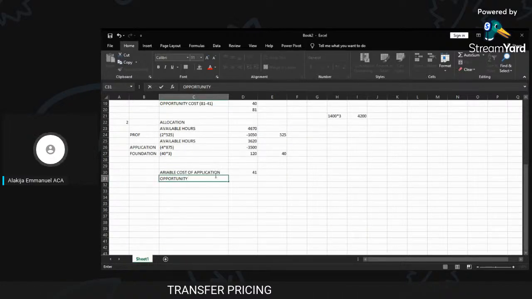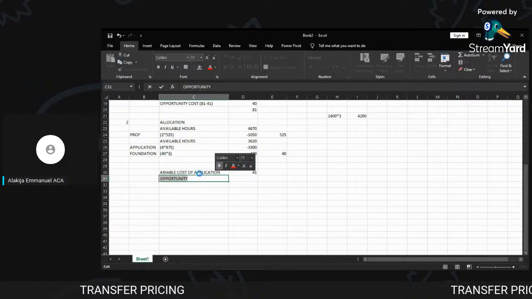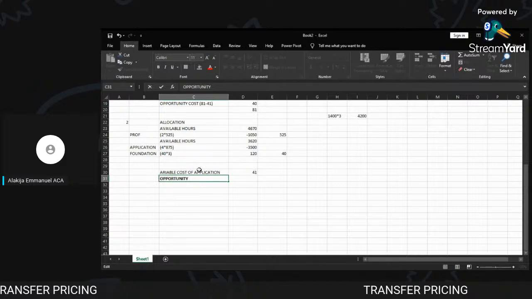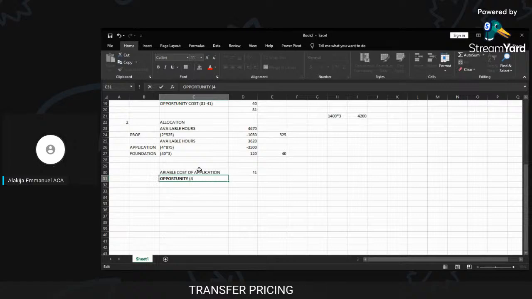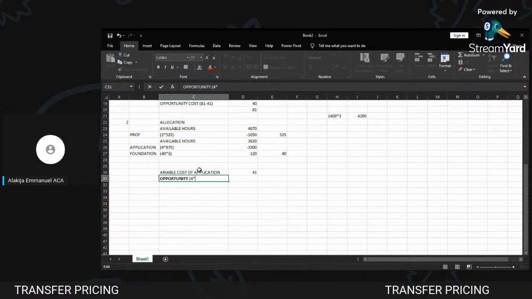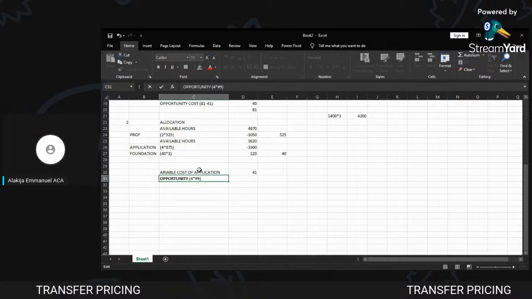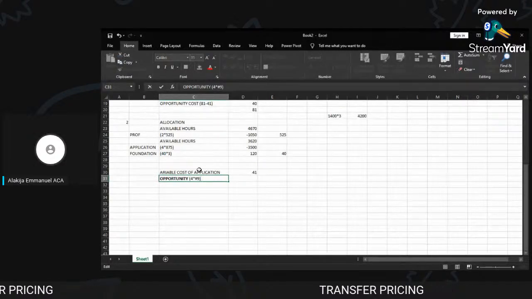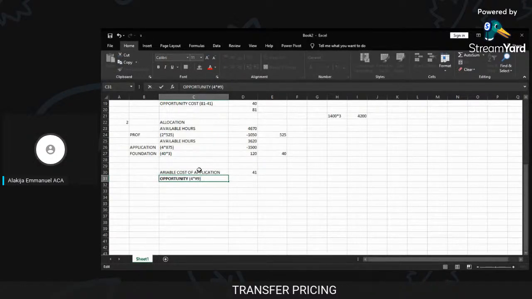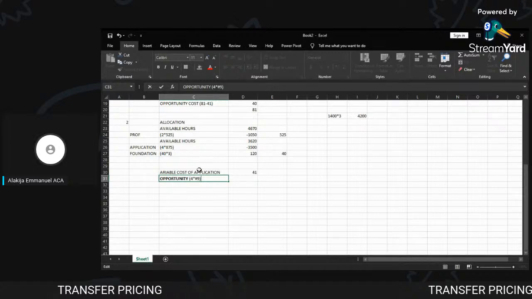So the transfer price is going to be the 4 hours needed to produce the special order multiplied by the 9 naira, which is the opportunity cost, because foundation will not be able to produce anything since we want to meet the special order.